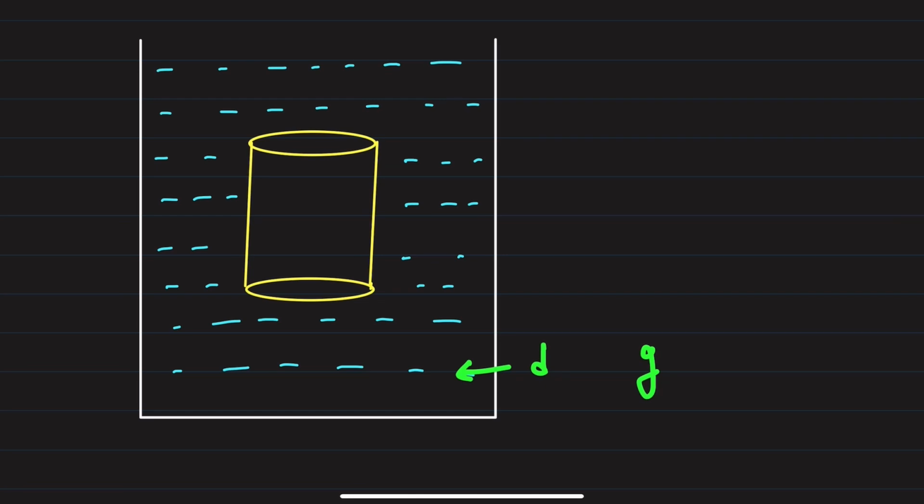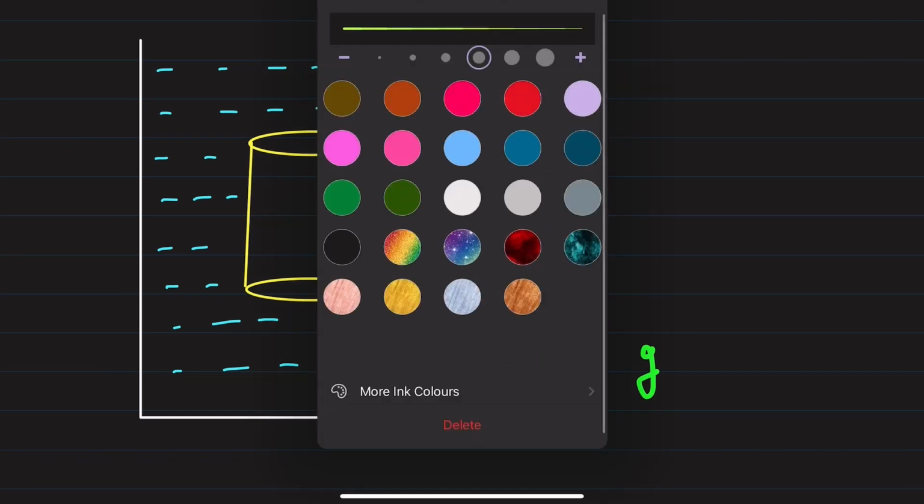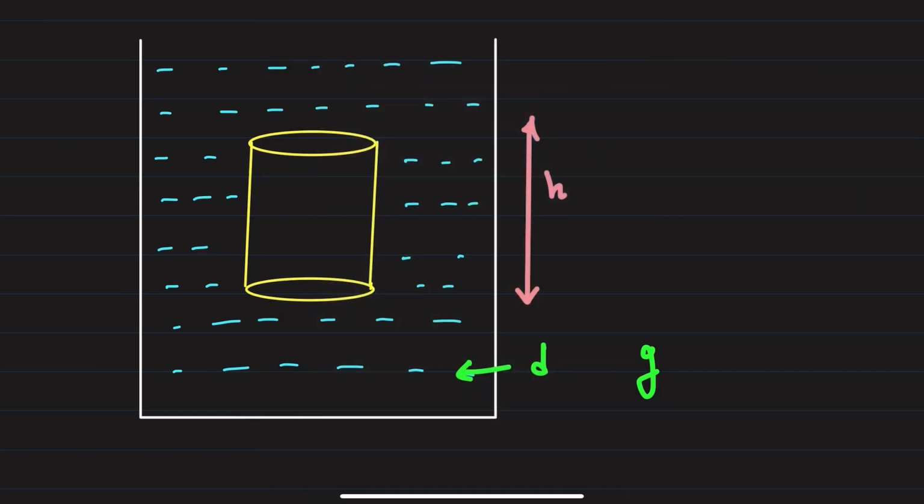And we put one cylindrical object in this container which has a height of h. I am taking that the bottom of the object is at the depth of h1, and the top of the object is at the depth of h2, right?